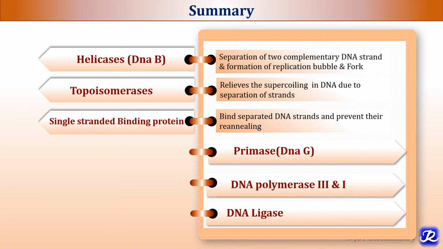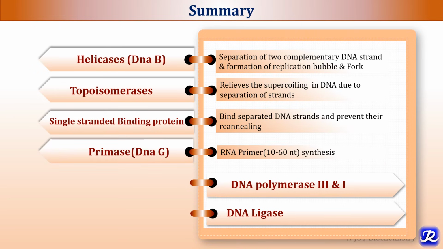The enzyme primase, DNA primase, which is also called DnaG, is required for RNA primer synthesis. So this RNA primer synthesis is very important because it initiates DNA replication, because DNA polymerase enzyme cannot directly initiate the process of replication.